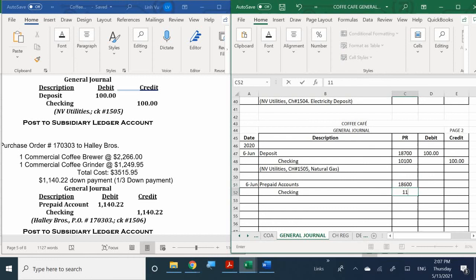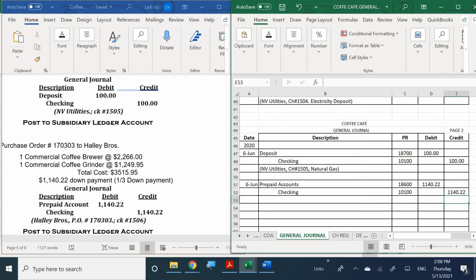All right, and 10,100. Okay. So then we're making the payment for 1140.22. Okay. 1140 and 22 cents.